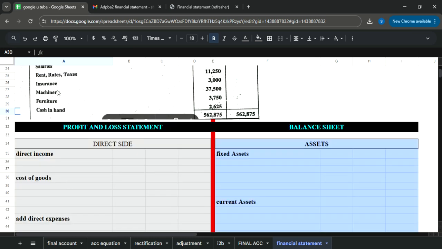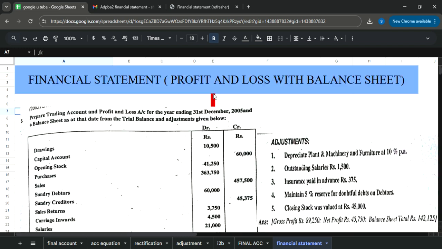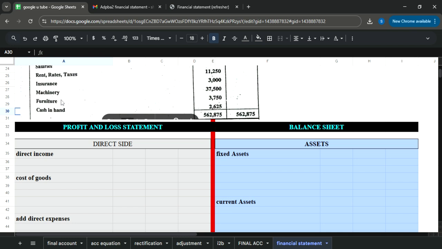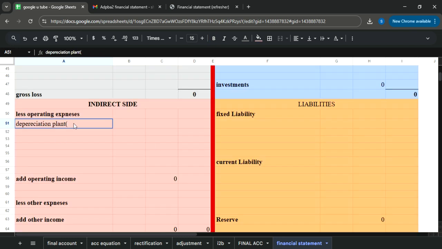Here you can see plant and machinery, that is 37,400. Come over here, we have plant and machinery, but you can see that no value is given with the title of plant. So only machine is available, the price is 37,500. So you will paste this 37,500 over here.